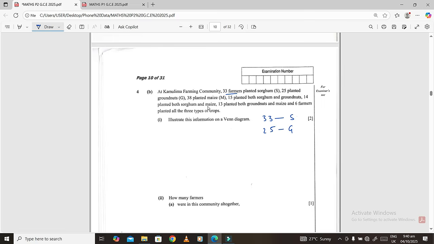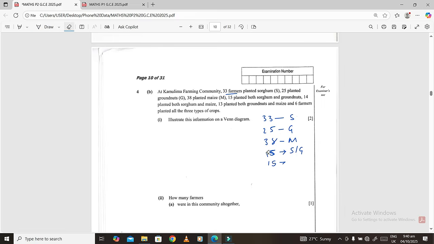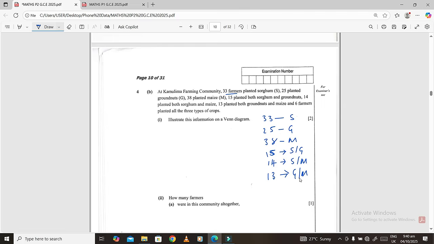So we shall say G. 38 planted maize. 15 planted both sorghum and groundnuts. 14 planted both sorghum and maize. 13 planted both groundnuts and maize, while 6 planted all.